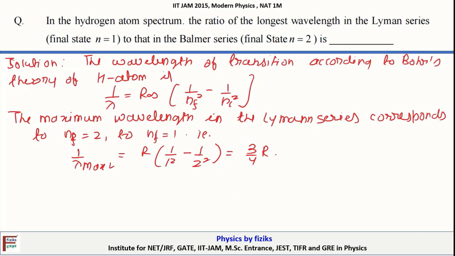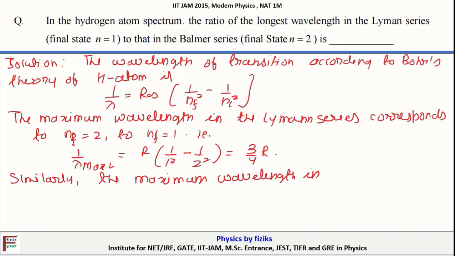Similarly, the maximum wavelength in the Balmer series corresponds to nf equals 2 and ni equals 3. Sorry, here I would be making one correction.